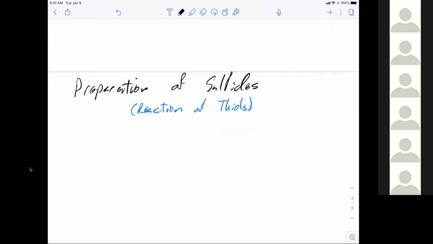So what we're going to do in this one is prepare the sulfide by reacting something with a good leaving group with a thioate.